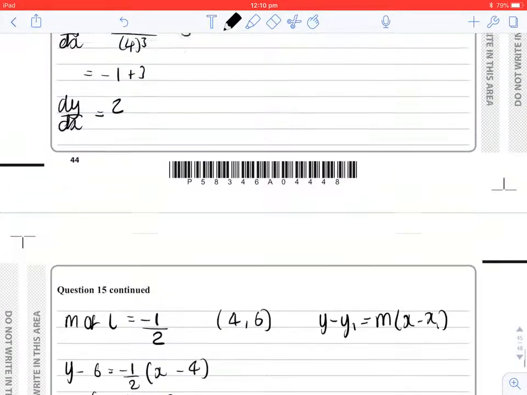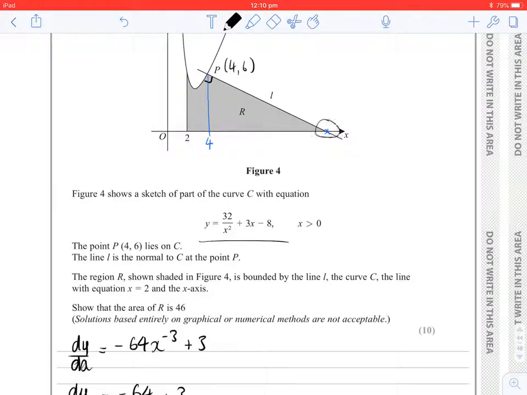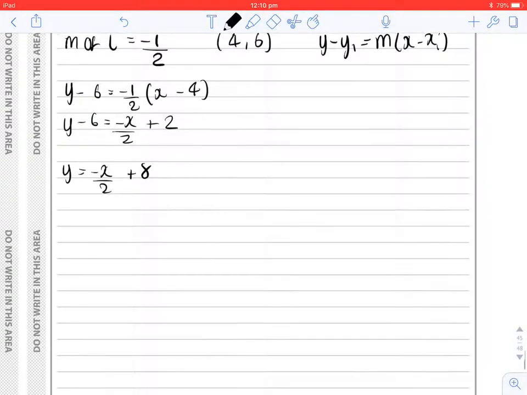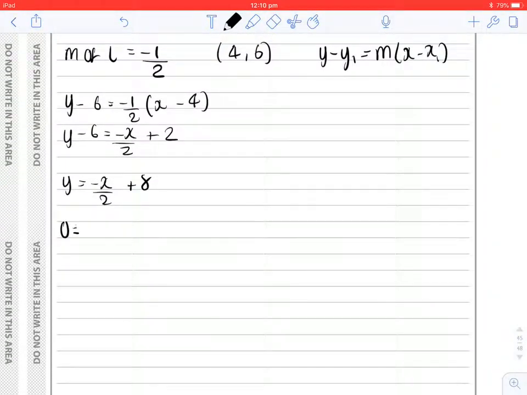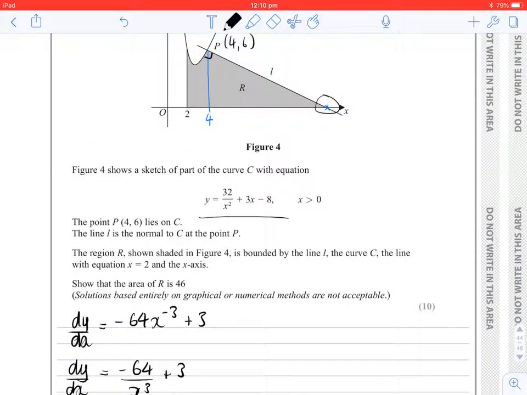If we want to find the point where that line crosses the x-axis, that is where y is equal to 0. 0 equals minus x over 2 add 8, so therefore x is equal to 16. So this value here is 16.